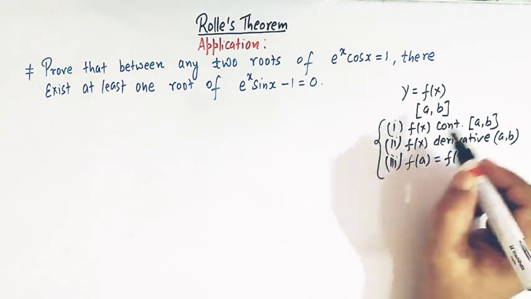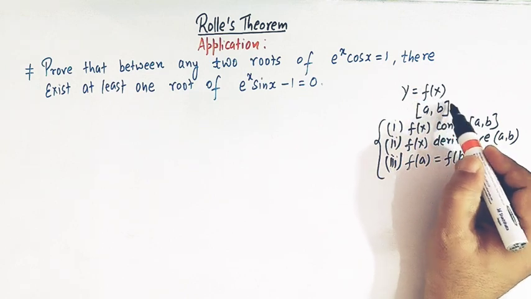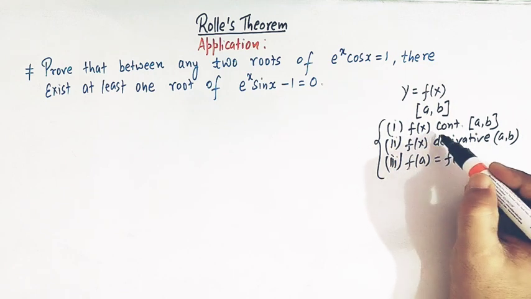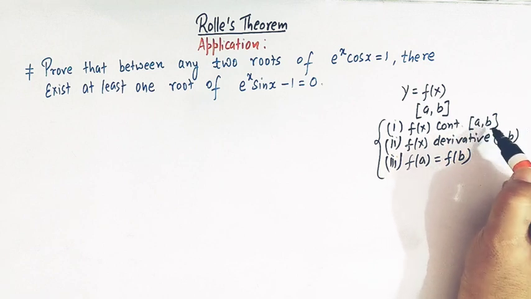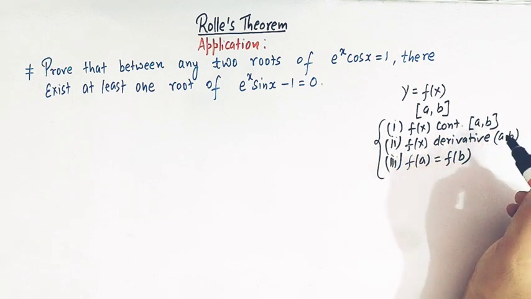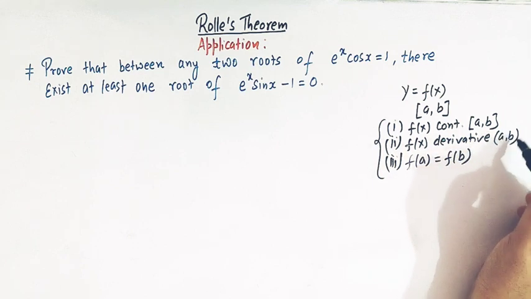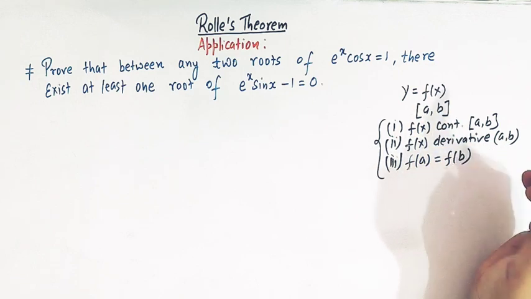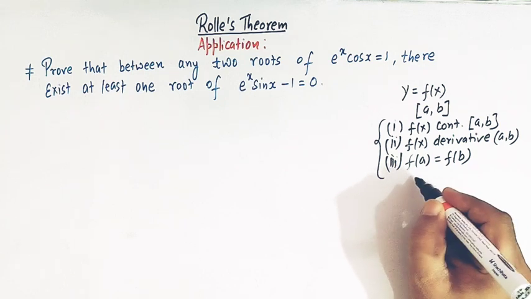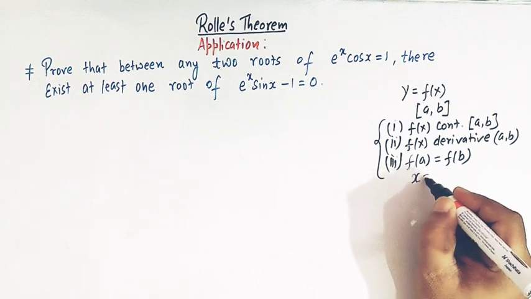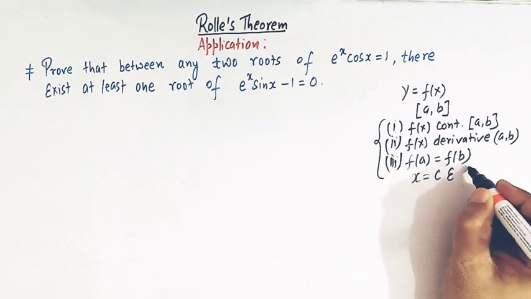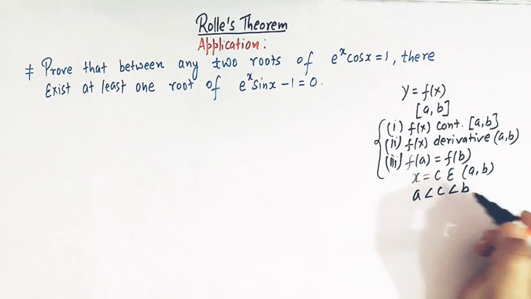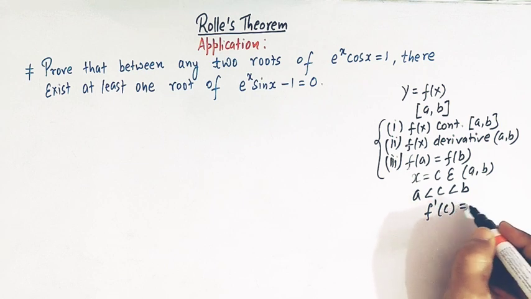So if a function y is equal to f of x, defined in some closed interval a comma b, satisfies these three conditions: f of x is continuous in the closed interval a comma b, f of x is differentiable in the open interval a comma b, and the values of the function at a and b are equal, then Rolle's theorem says that there must exist some point x is equal to c, which belongs to the interval a comma b, such that f prime of c is equal to 0.